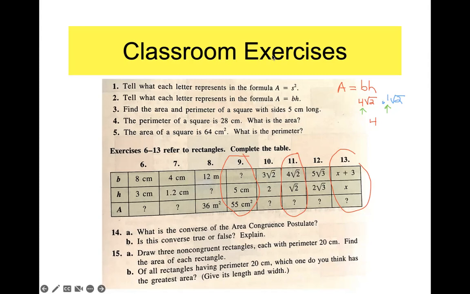Then we multiply the inside number with the inside number and keep the square root. So 2 times 2 is 4, so we would get the square root of 4. But wait a minute, I know the square root of 4 is 2. So that would be 4 times 2, which is 8.